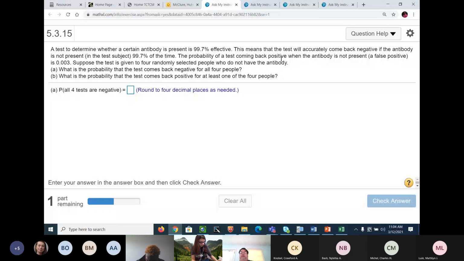This means that the test will accurately come back negative if the antibody is not present in the test subject. That's just an explanation. All right. The probability of a test coming back positive when the antibody is not present, a false positive, is 0.003, which is the complement of the antibody being present.